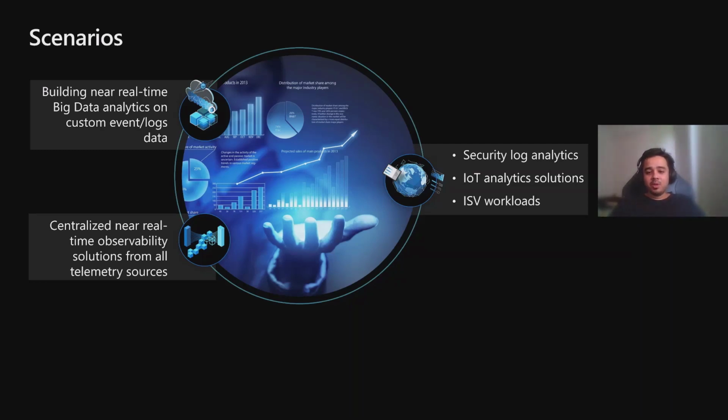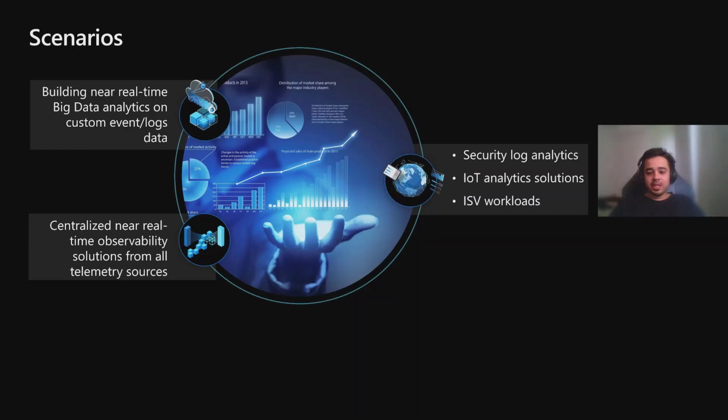The second bucket would be something like building centralized near real-time observability solutions for all telemetry sources. You can centralize your log data and build solutions to meet your scale. This would be your time series or observability solutions for telemetry sources.